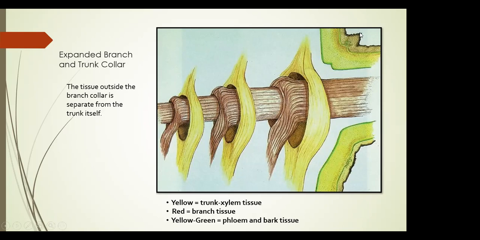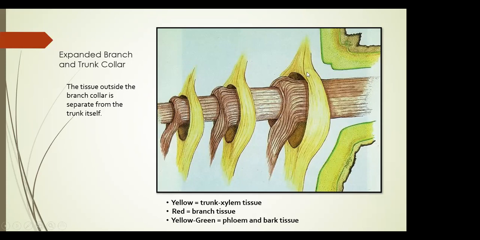And this is what we see. This is the branch bark ridge, and this is the collar down here. Can you see that, or are your faces where I'm pointing? So this is what we see. We see this part. This is the outer bark right here. This is inside the tree. It's been expanded so you can see how it grows. But this is why we want to make sure that we cut it outside the trunk.